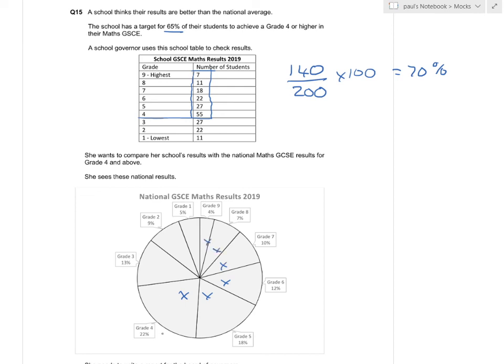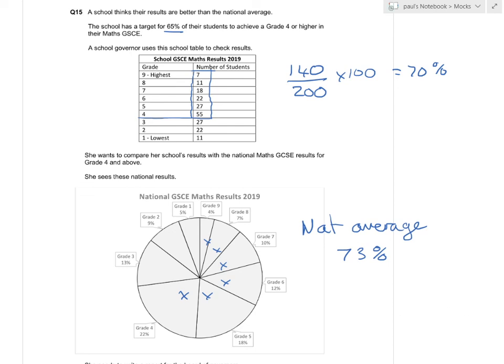So let's add up these percentages. So we've got 22 plus 18 plus 12 plus 10 plus 7 plus 4 equals 73. So the national average is 73%.